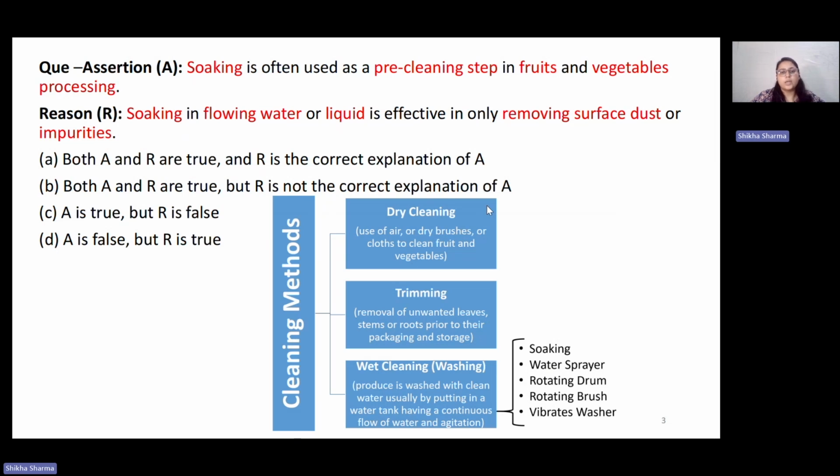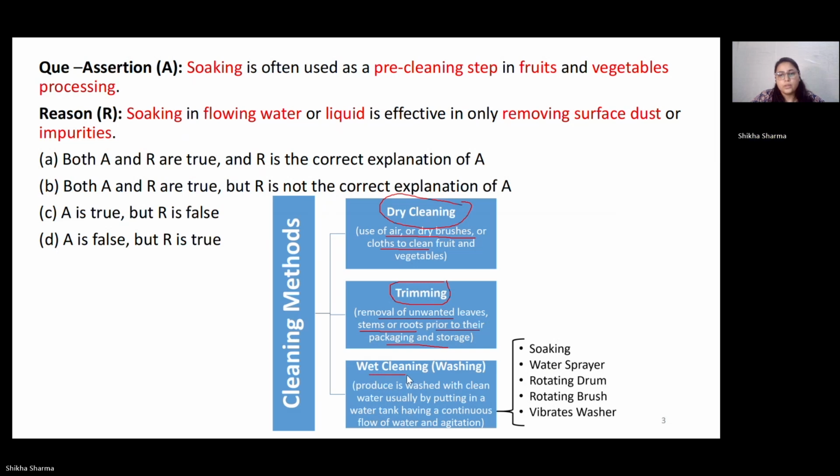There are different cleaning methods for fruits and vegetables. They include dry cleaning, where air, dry brushes or cloths are used. Then trimming, which is used to remove unwanted leaves, stems or roots prior to packaging and storage.